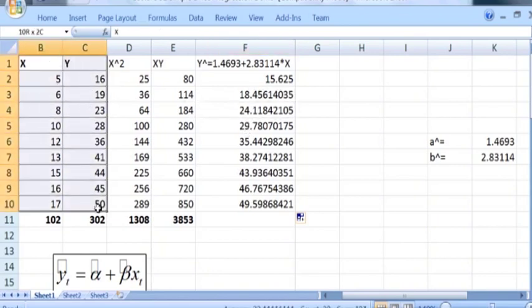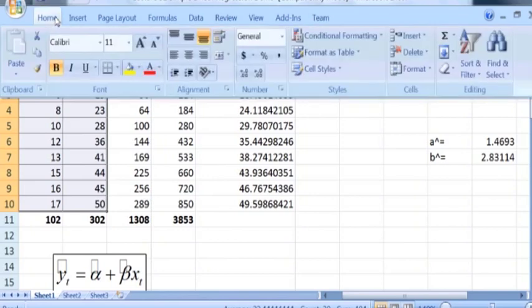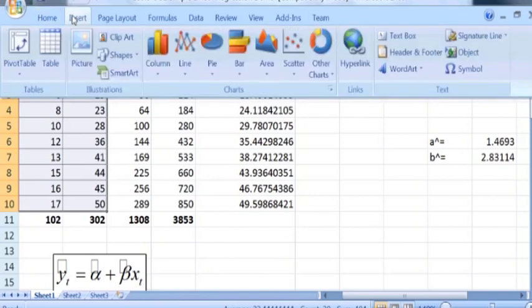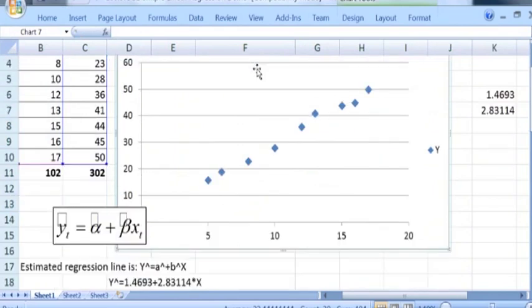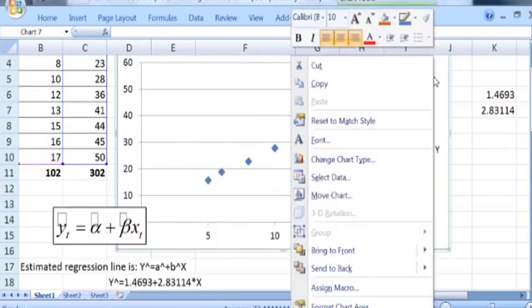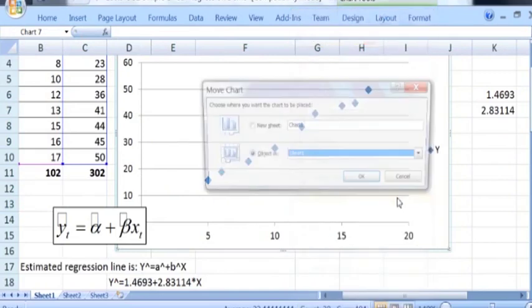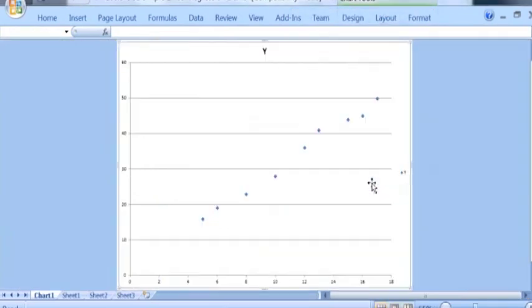Before moving further, let's construct a scatter plot of x and y. Actually, this should be the first step before doing any type of regression analysis. Anyway, go to the Insert tab, select Scatter. So here is the scatter plot of x and y. I'm moving this chart to a new sheet.